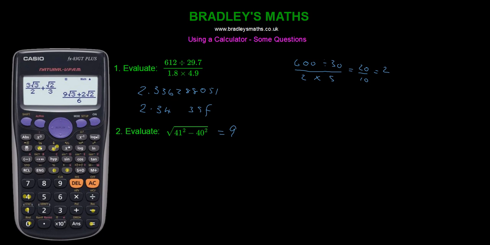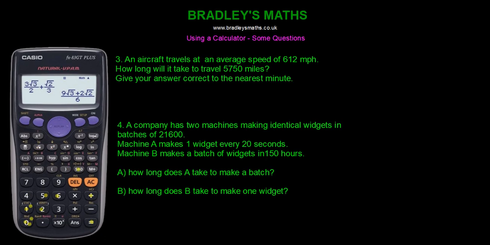Okay, let's go to the next page, and here we have two wordy questions, two contextual questions. An aircraft travels at an average speed of 612 miles per hour. How long will it take to travel 5,750 miles? This is a speed, distance, time question.